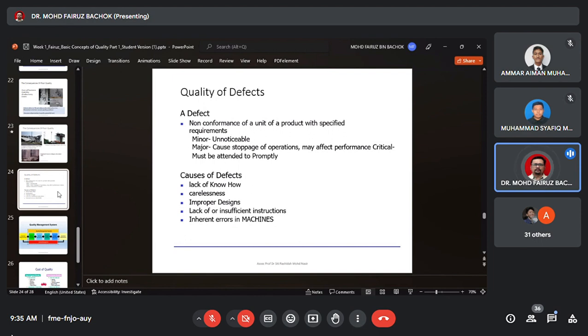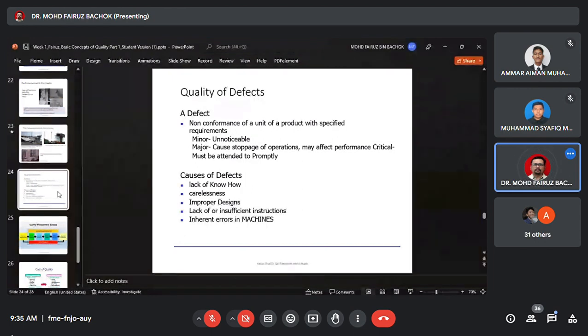Okay, and the causes of defects. You construct something, then there are a lot of defects in your construction. What are the reasons? First, lack of know-how. Anything in construction should be constructed or designed by a qualified person, and then carelessness by a qualified person.